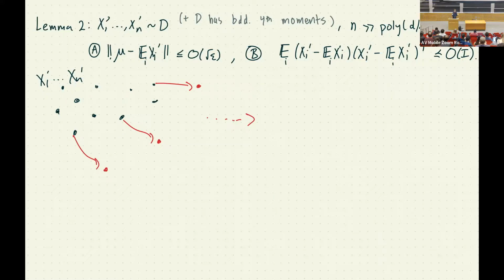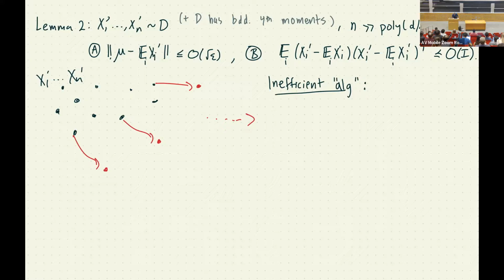Why is that good for me? I just proved that if I have two distributions which are close in TV distance and both have bounded covariance, then their means will be close. So here's my inefficient algorithm. I'm going to call it an algorithm in quotations because I don't have a running time bound for this.